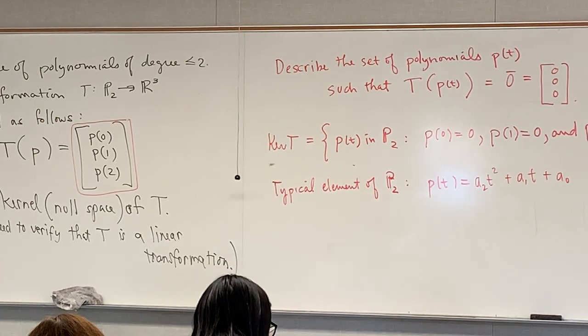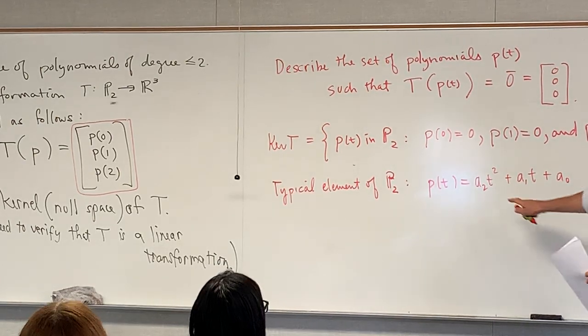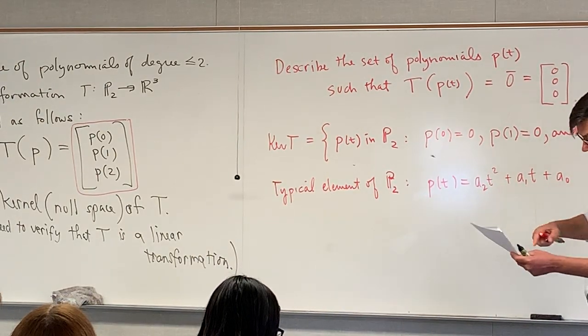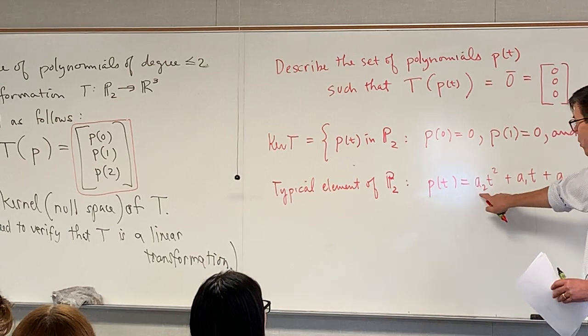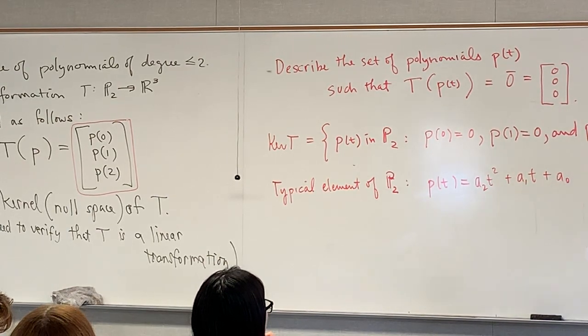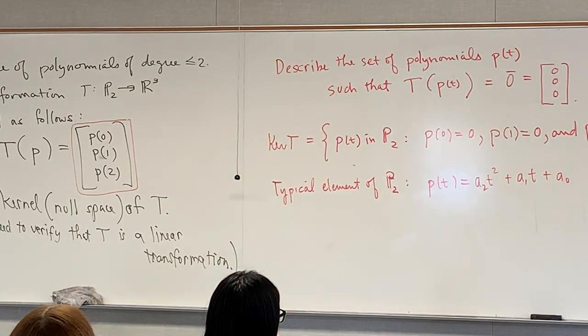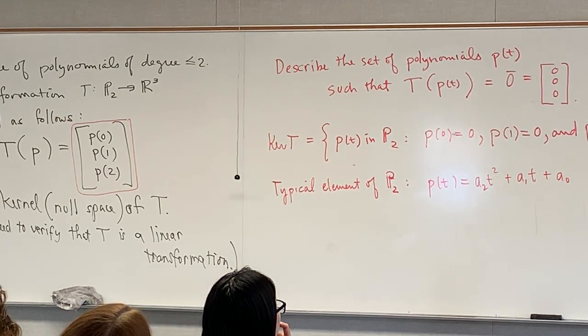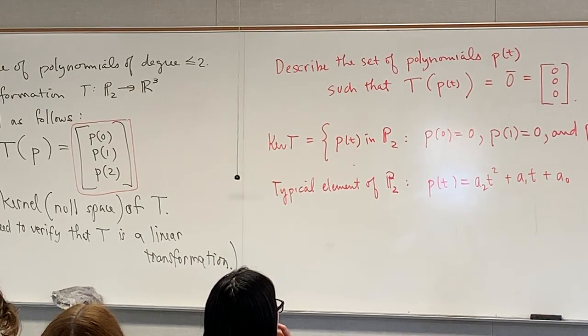If you don't like subscripts, you could just use 3 separate variables for these coefficients. I know in my solution sheet for the class, I wrote A, B, and C instead of A2, A1, A0. I wrote the subscripts now because I think maybe you guys are more used to looking at those examples in the textbook where they tend to label the coefficients with subscripts. So that's a typical element of P2.